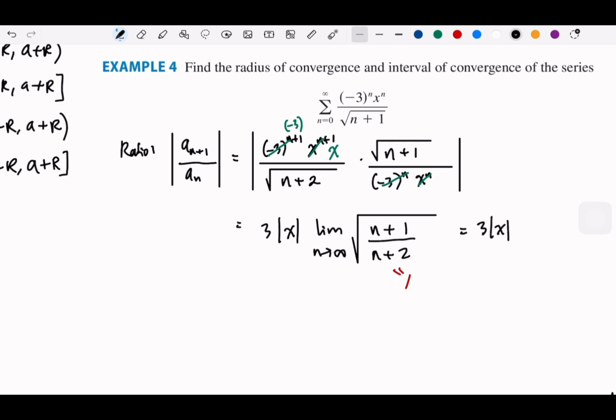So this will be 3 absolute value of x. This will converge when it is less than 1, right? So the absolute value of x is less than 1 over 3. So this will be the r value.